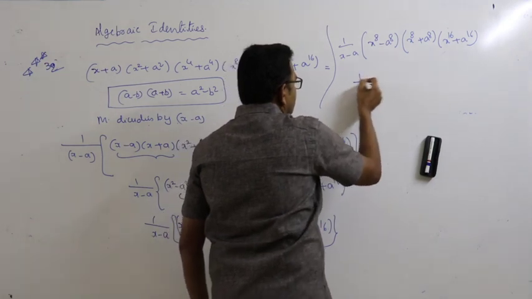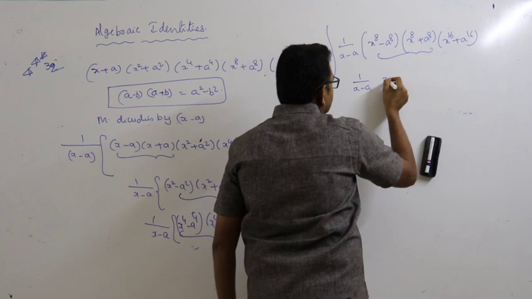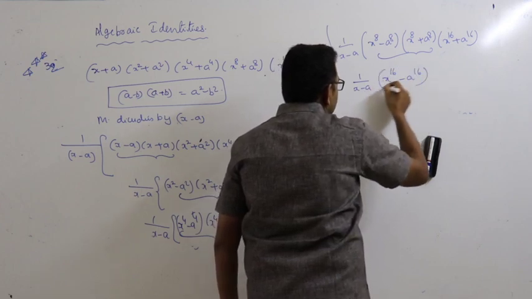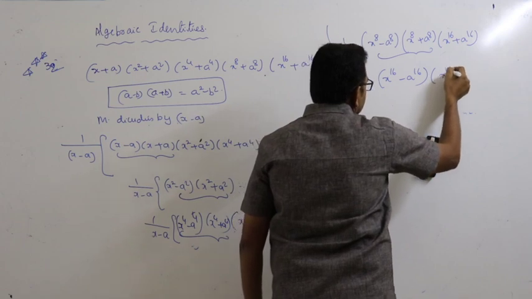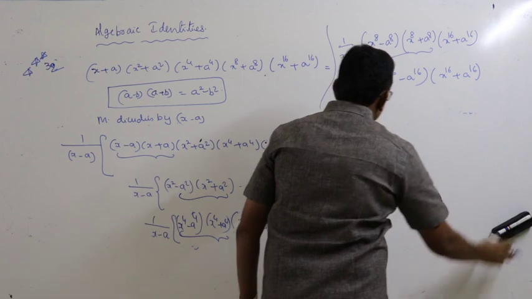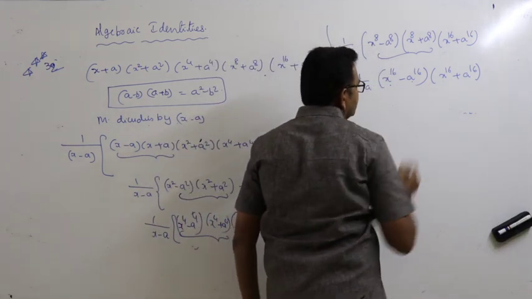That is 1 by x minus a, into again these two: x to the power of 16 minus a to the power 16, into x to the power 16 plus a to the power 16. And again this is of the form a minus b into a plus b.